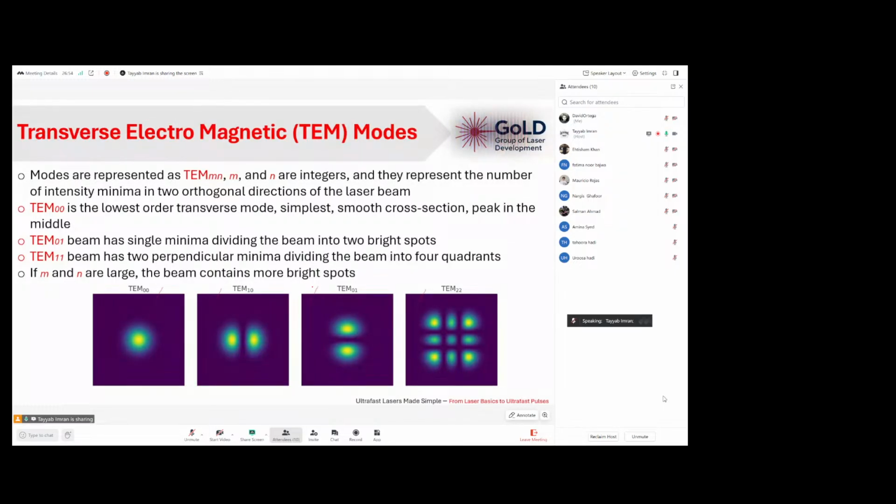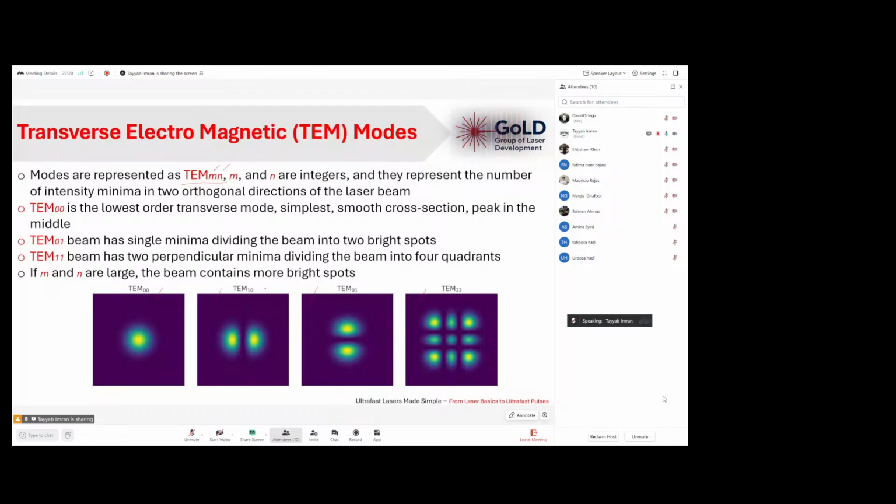In short, it's called TEM, and along with TEM we use M and N, which are two integers. How do we represent these modes? TEM modes are electromagnetic modes, so they have to be represented in a certain way.